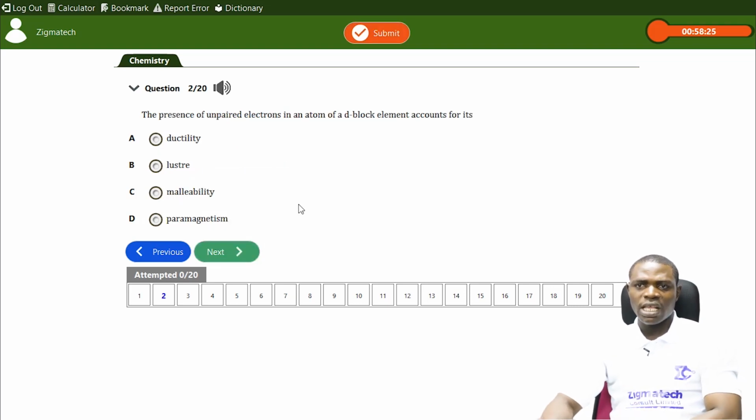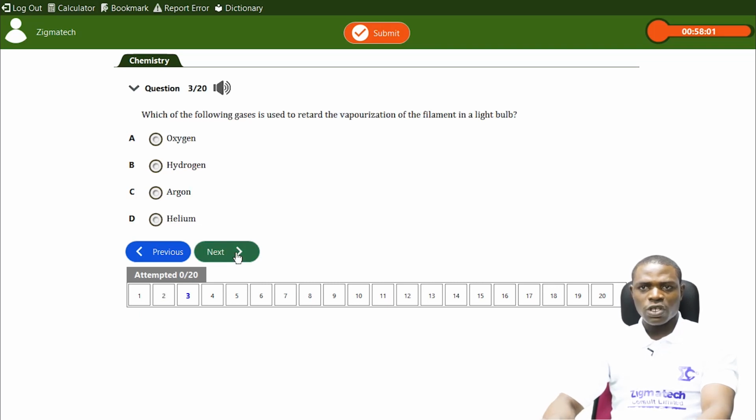The presence of unpaired electron in an atom of a D block element accounts for its ductility, its lustre, its malleability, and its paramagnetism. Actually, it is for its paramagnetism.